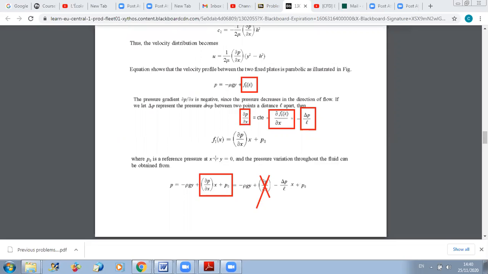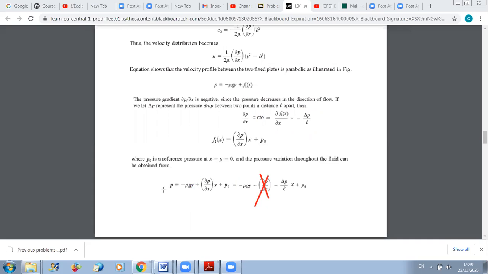If they tell you, for example, for X equals 0, Y equals 0, P is given to be P0, then your constant here will be P0, because for X equals 0 and Y equals 0, your pressure is equal to P0. Okay? So in this way, we have determined the pressure function. It's minus rho gy minus delta P over L x plus P0.